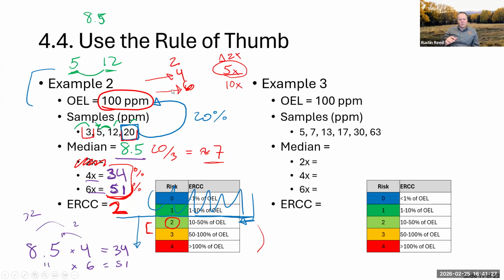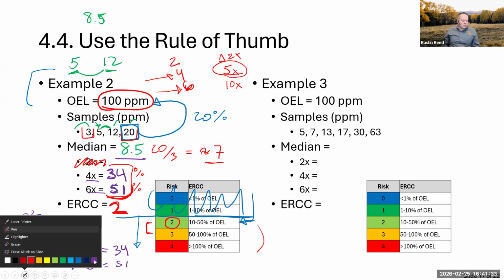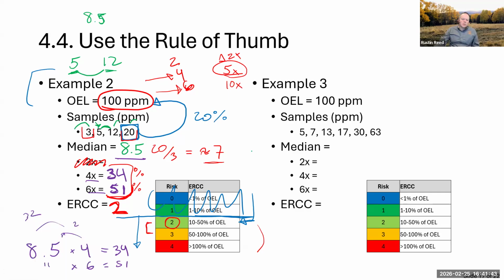So with example 3, go ahead and work through that. I'll wait a couple minutes. I'm going to write on here the steps that I took just as a quick reminder. And once you have an idea, what I'd like you to do is in the chat put the category that you think we're in from 0 to 4.